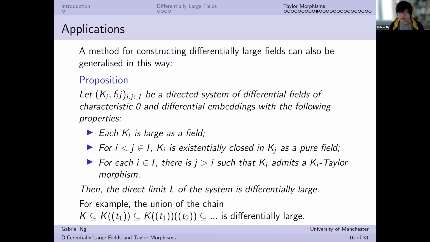And for each thing in the chain, there is something above it such that the thing above it admits a K-Taylor morphism over the lower one. Then if you take the directed limit of this system, it will be differentially large.